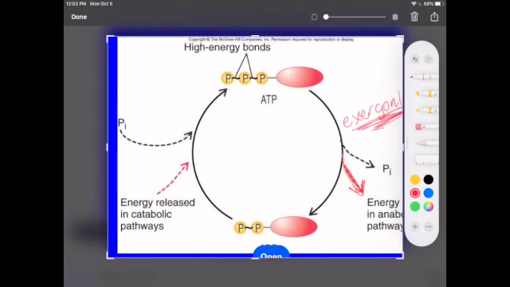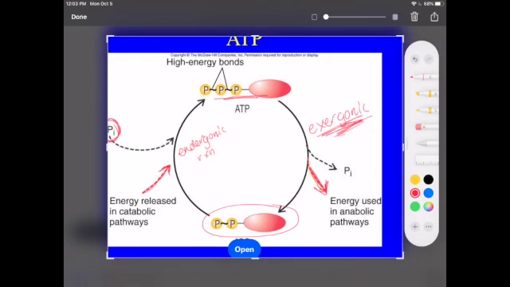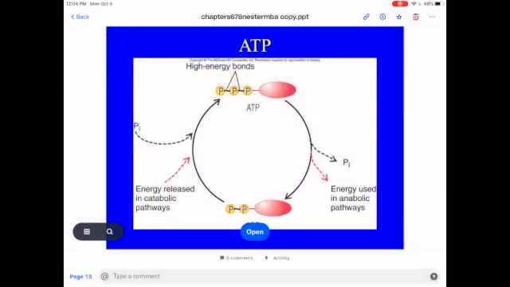And this one over here, ADP getting its initial phosphate group back to form ATP, energy has to go into that. This is an endergonic reaction. And I'm pointing that out because exergonic reactions can be used to power endergonic reactions. And I want to talk about what those are as well.